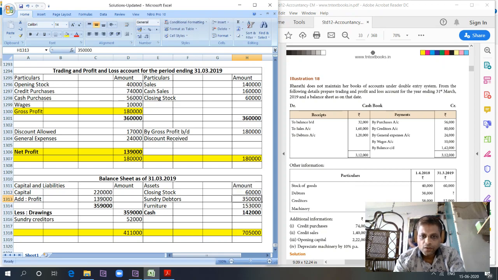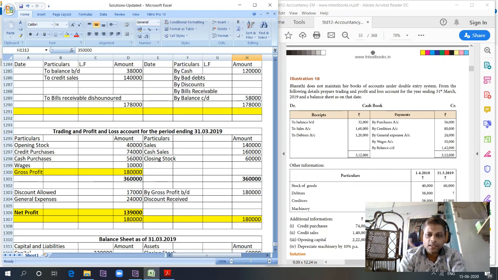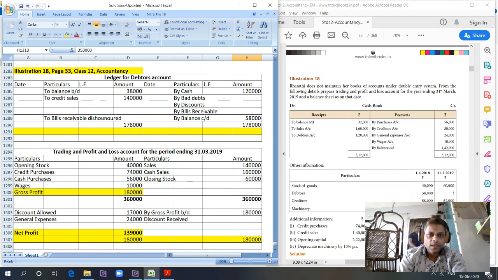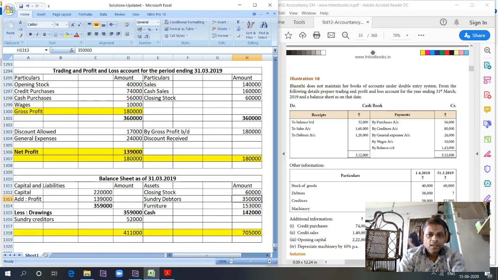Yes, we found sundry debtors here, 58,000. The capital is 2,22,000. So is the balance sheet matching? Yes, balance sheet matching.